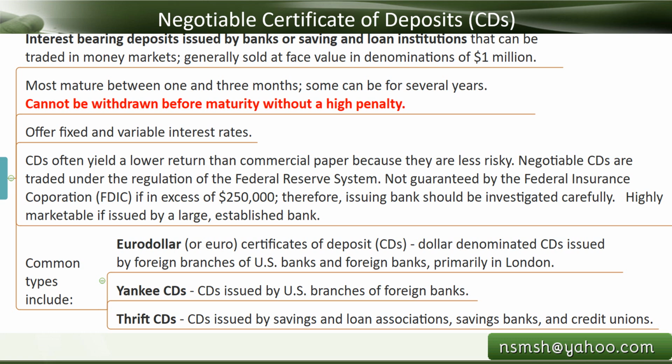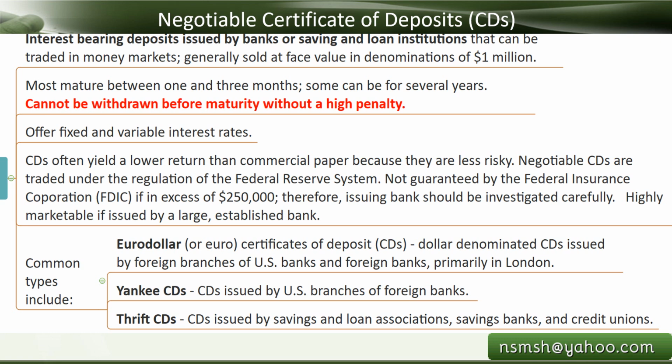Certificates of deposit often yield a lower return than commercial paper because they are less risky. Negotiable certificates of deposit are traded under the regulation of the Federal Reserve System, and are not guaranteed by the Federal Deposit Insurance Corporation if in excess of $250,000.